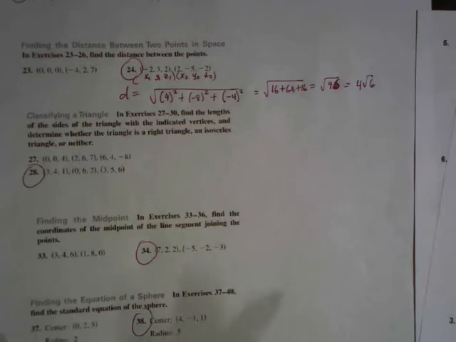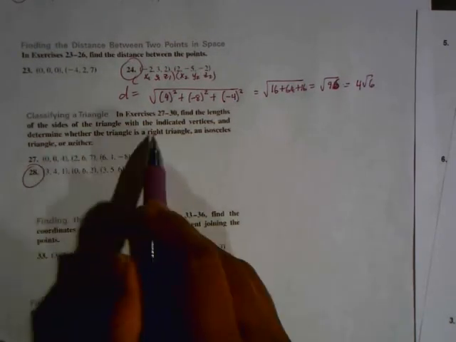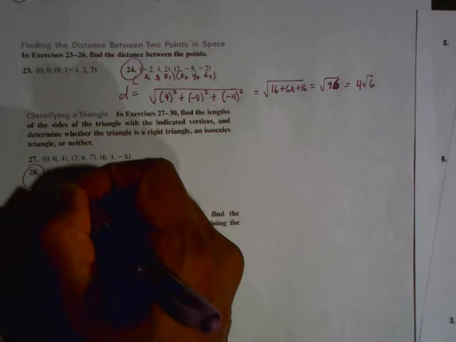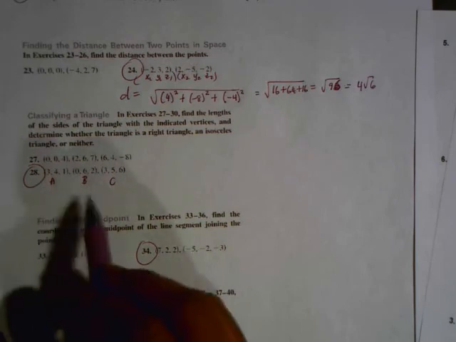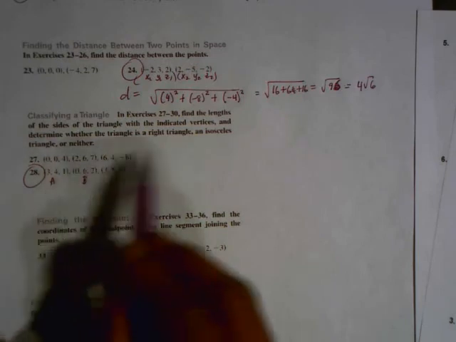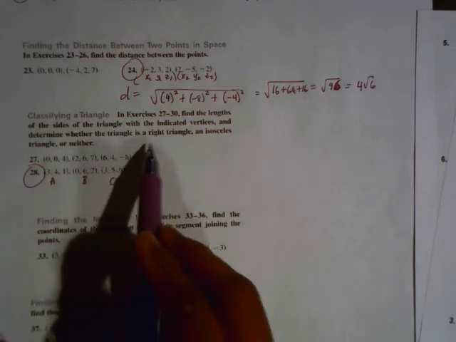The next question is also an application of the distance formula. The question says find the lengths of the sides of the triangle with the indicated vertices, so let's call this A, B, and C, and determine whether the triangle is a right triangle, an isosceles triangle, or neither. So we could find the distance AB, distance BC, and distance AC, and see if we get the distances to match up with any of these types of triangles.